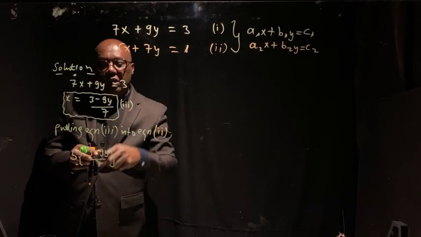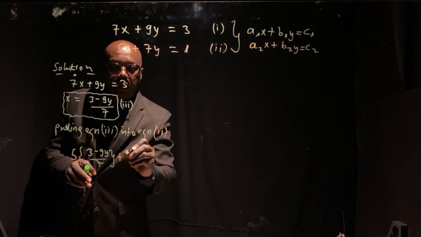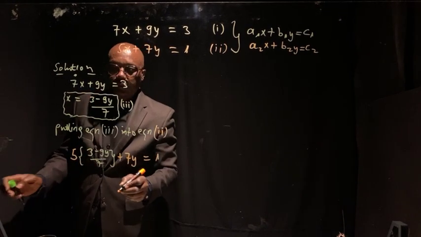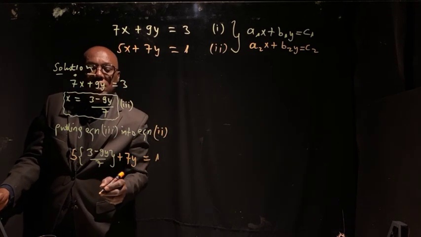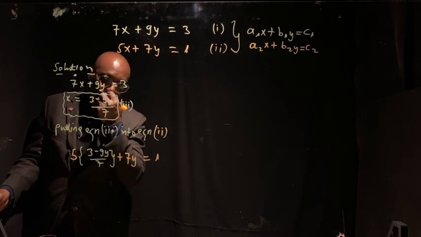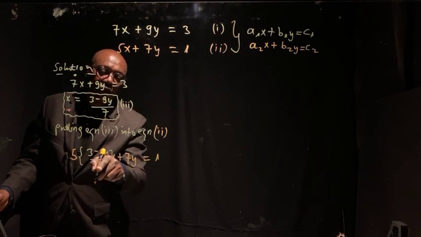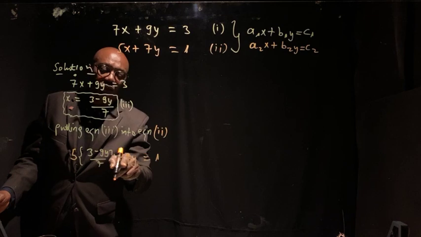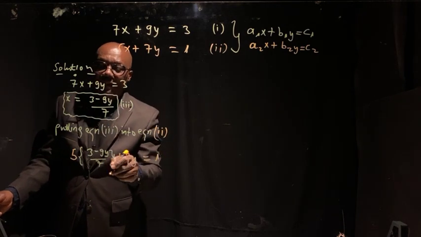Then you have the plus over there, plus 7y equals 1. Having got that, algebraically you can multiply through by this denominator. In order to do away with this denominator, you can multiply both sides by 7.